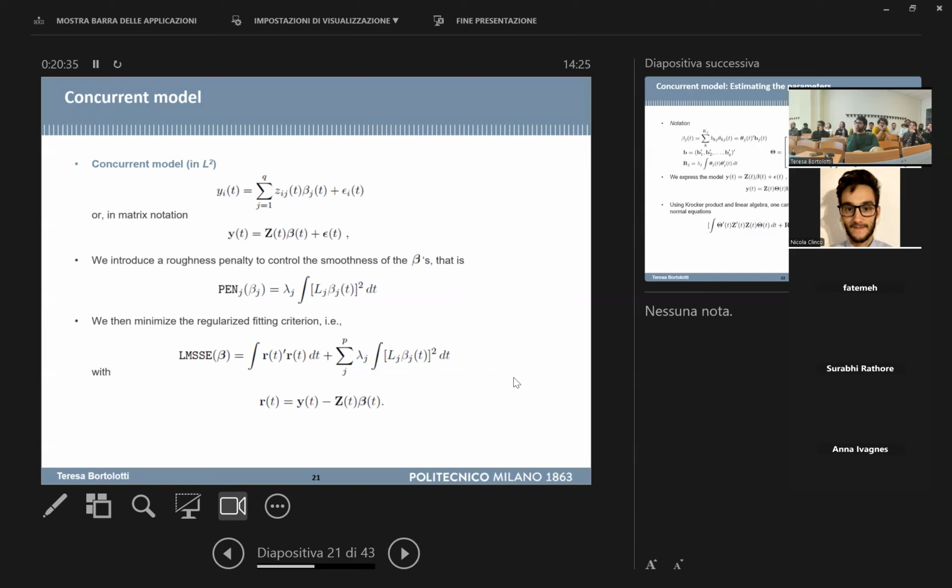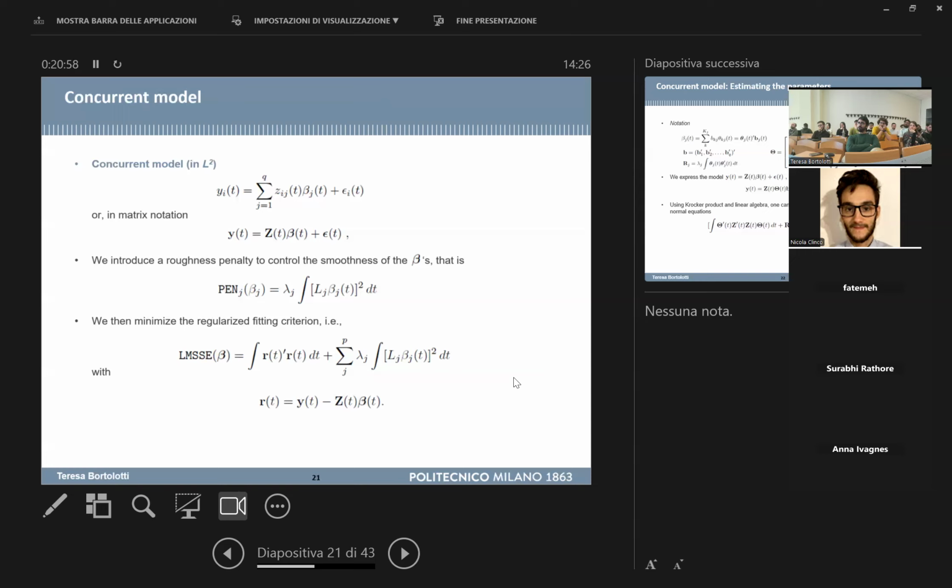Okay, in order to fit this model, we typically introduce a roughness penalty on the coefficients that we are looking for. Again, when you do functional data analysis, what you typically want to do is to regularize as much as possible. You are assuming that the phenomenon that you are recording has regularity properties. So when you can, you always regularize.